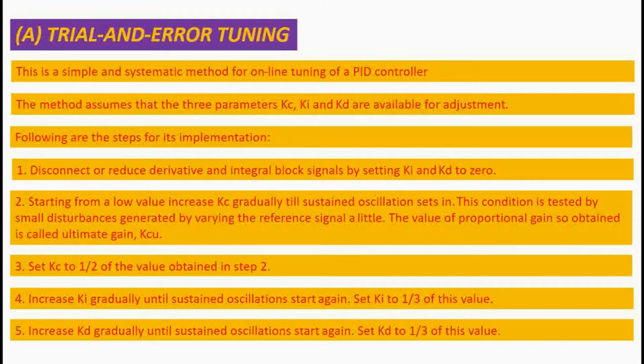In the next step, we have to increase the D potentiometer till sustained oscillation. And after obtaining the sustained oscillation, we have to adjust the D potentiometer to 1/3 of the value at which the sustained oscillation was obtained.